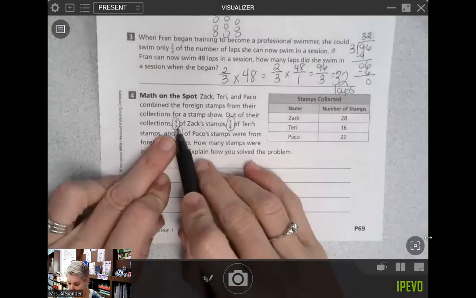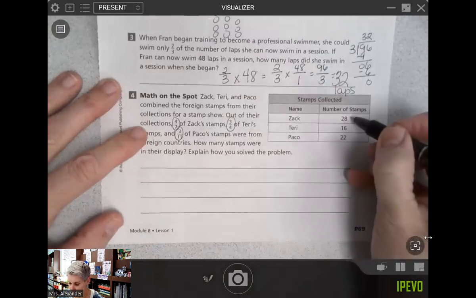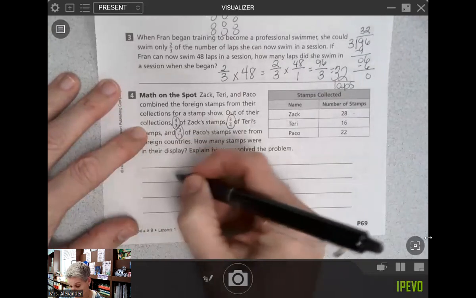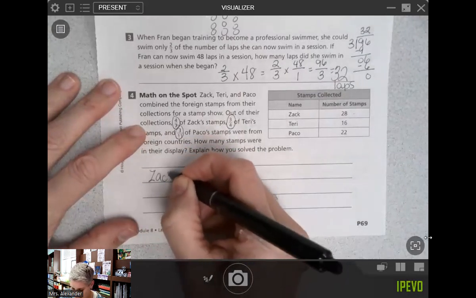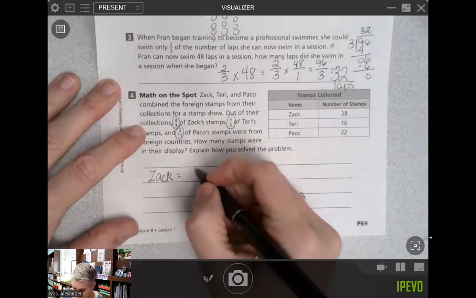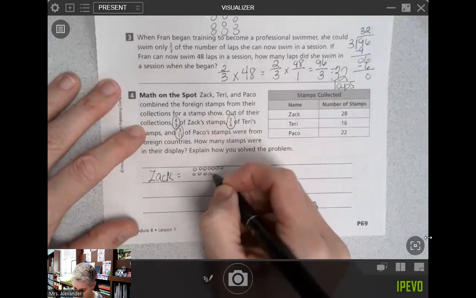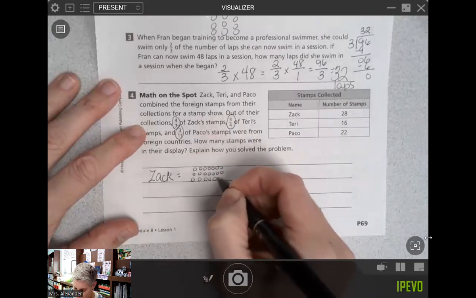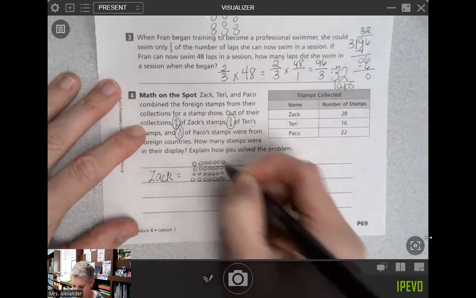So Zach, 4/7 of 28. If you think about that, we have groups of 7 and we have a total of 28. So if I wanted to draw it out, I could. For Zach, I have 1, 2, 3, 4, 5, 6, 7, 8, 9, 10, 11, 12, 13, 14, 15, 16, 17, 18, 19, 20, 21, 22, 23, 24, 25, 26, 27, 28.